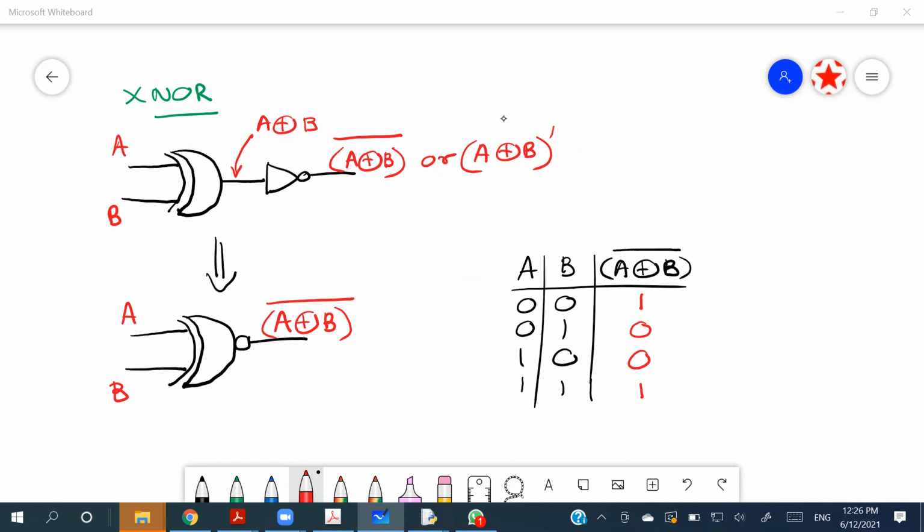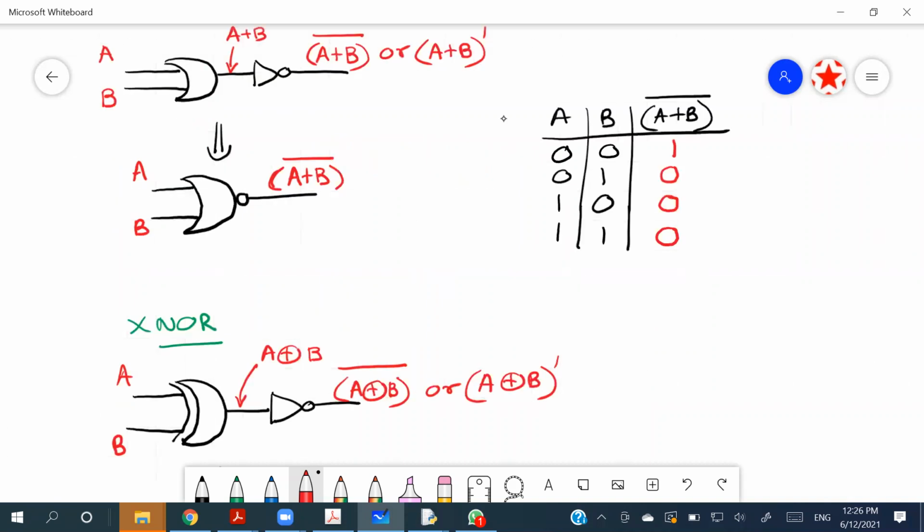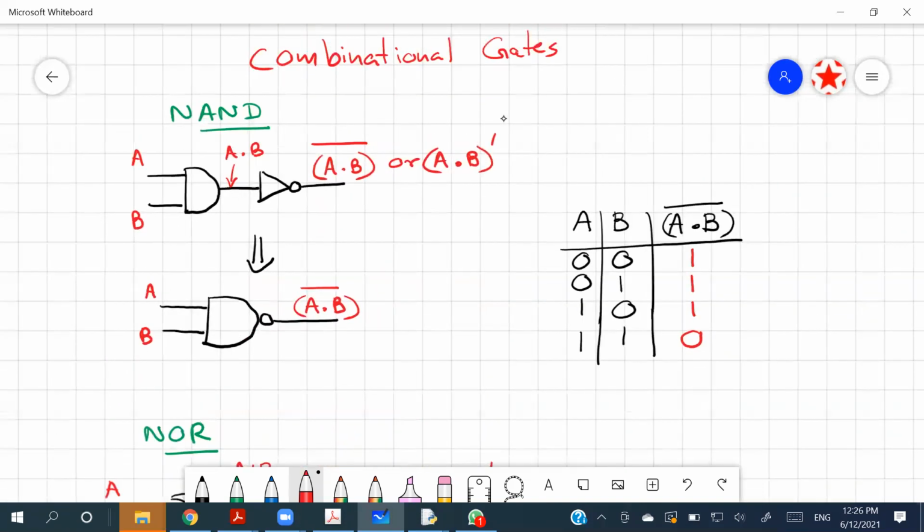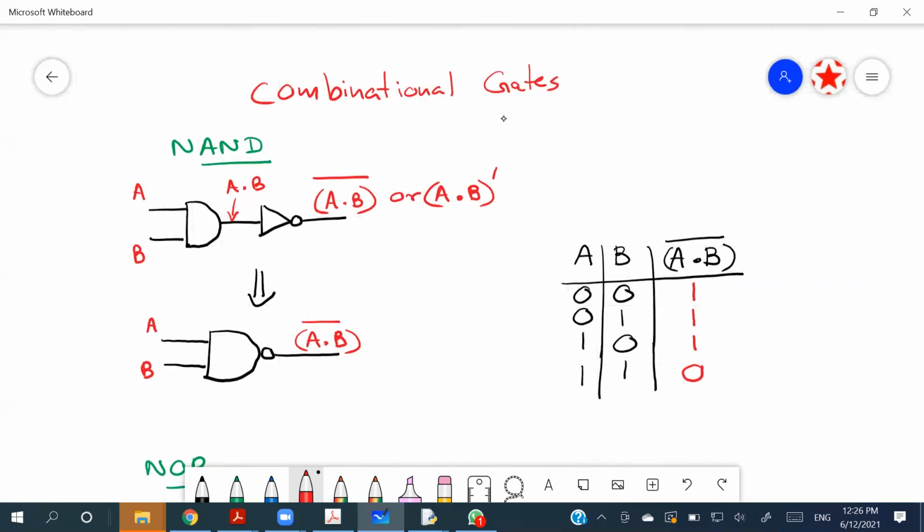Right. Great. So let's take this down quickly, people. So the combinational gates.